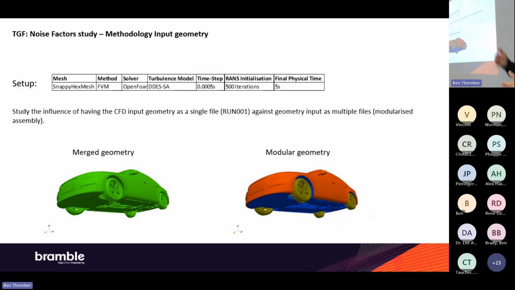So the idea was, what was the impact between these different input geometries, which technically should be the same. For this study, the only difference, because we changed the input geometry, was that we used our OpenFOAM mesh, which is the snappyHexMesh, which had around 98 million cells.